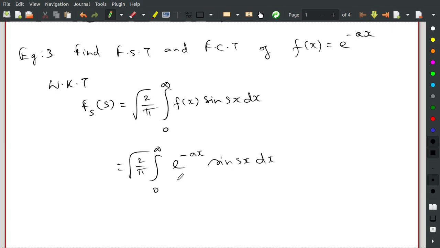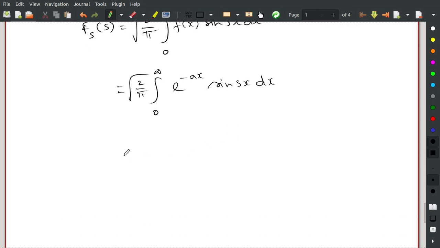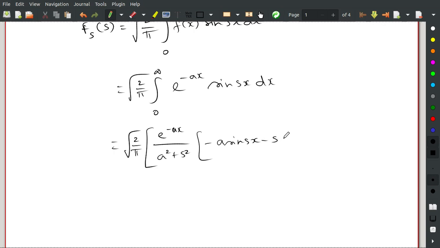This is a standard integral, and the value of the integral is e power minus ax divided by a square plus s square, times minus a sine sx minus s cos sx, between the limits 0 to infinity.